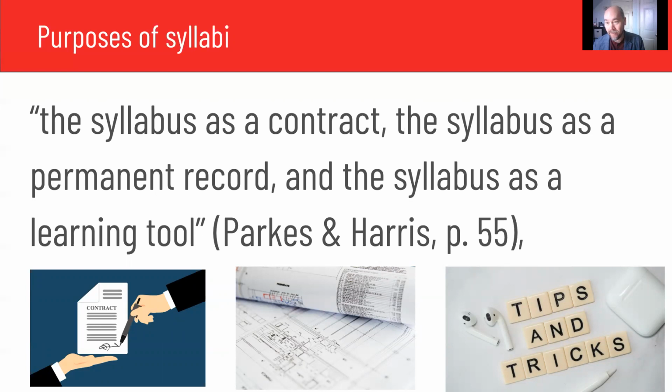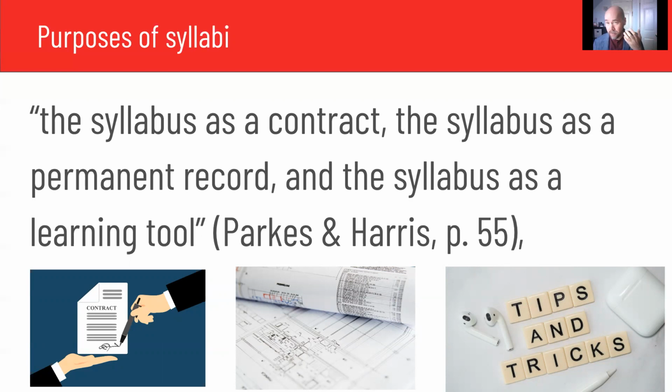What is it for? These researchers, Parks and Harris, separated the purposes of syllabi into three categories. One is a contract, basically formalizing the expectations of two parties, in this case, the instructor and the student. Also, the syllabus is a kind of record keeping.